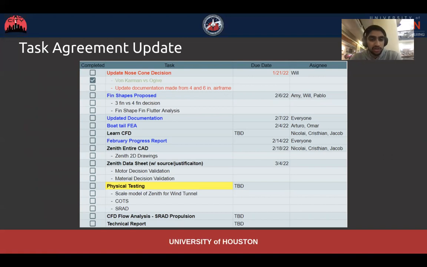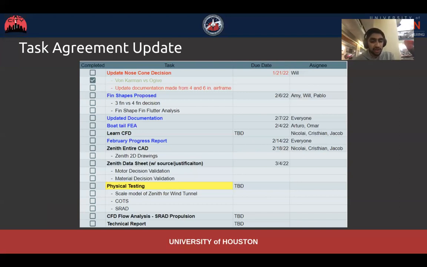Not looking for too much, just to kind of summarize what happened between the decision of Von Karman versus the OGAV. And then, as I mentioned in the agenda, the fin shape decision, hopefully finished by next Sunday.